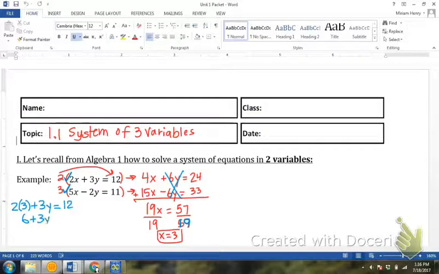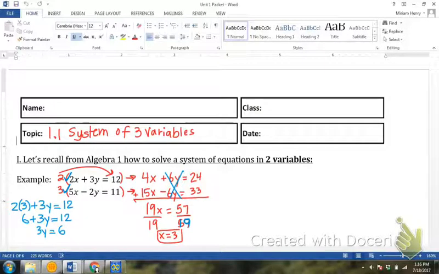We can all solve this equation. Guys, you're in Algebra 2 now, so you don't have to do minus 6 and minus 6 unless it's helpful for you. If you want to do it, it's totally fine. But because you are now in Algebra 2, I'm not going to make you do that. We do know that 3y is going to equal 6 because I subtracted 6 from 12.